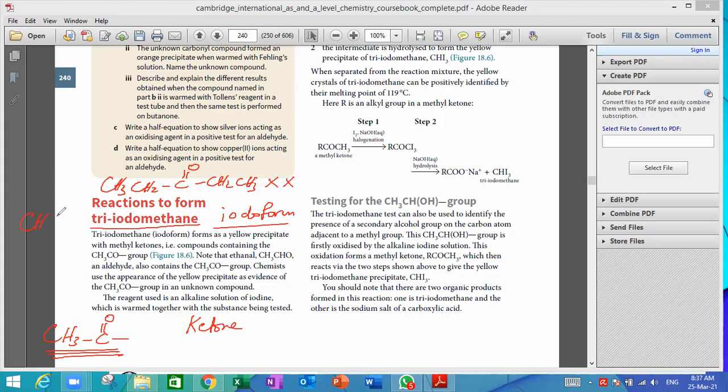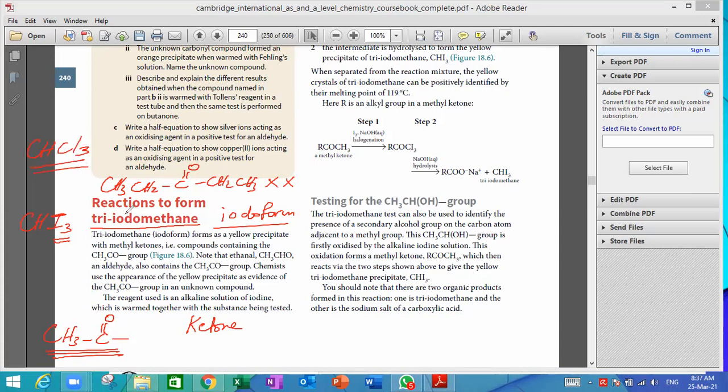Iodoform or triiodomethane is this compound, CHI3. I don't know if you know, there is something called chloroform. You use it in biology.